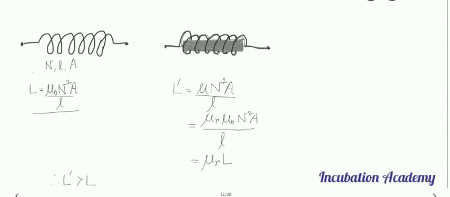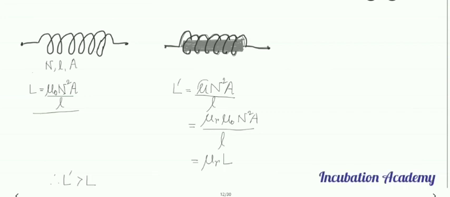And this is an iron core coil. That means within the winding an iron is inserted. If the iron is inserted, then obviously the space is filled up with the iron. Now we cannot use the magnetic permeability of free space, but the magnetic permeability of the iron, that is mu.